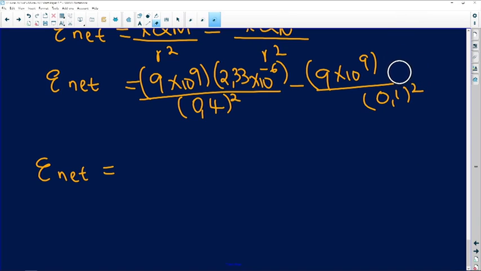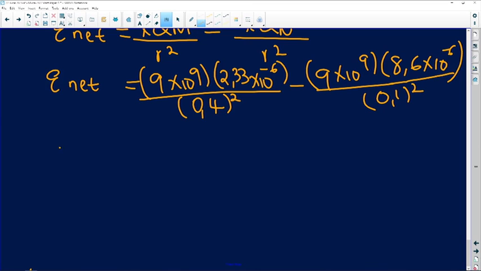Let's fix this before: the charge of M is 8,6 times 10 to the power negative 6. Okay, so we have that.